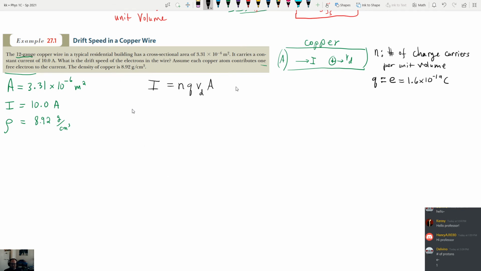In our equation, we know the current, we know the area, we also know the charge. So the thing we have to think about is the number of charges per unit volume. How can we figure out what n would be equal to in this case?